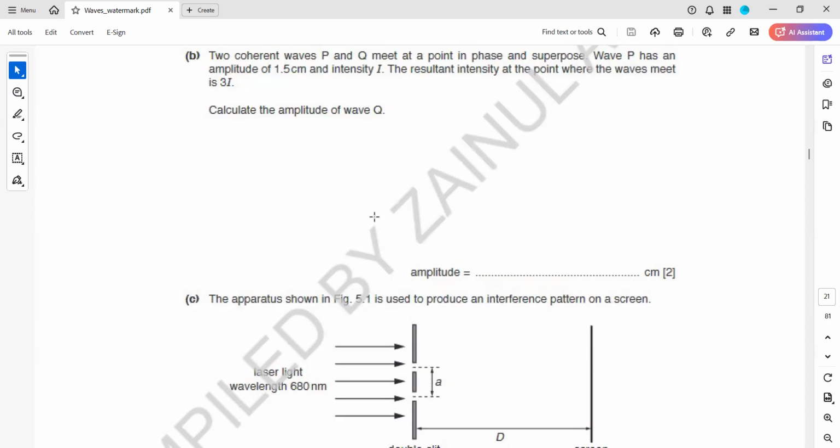Calculate the amplitude of Q. So let's say we have P and Q. They meet at a point, crest with crest, and they are in phase. When they're in phase, it means the crest joins with the crest or the trough joins with the trough, and we get a resultant wave with increased amplitude.